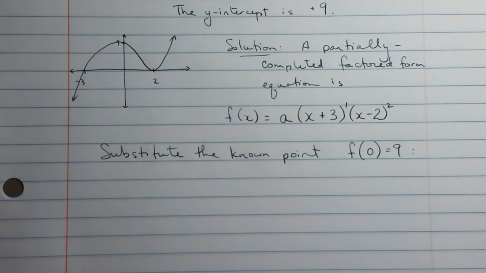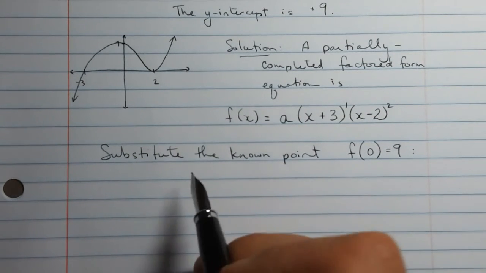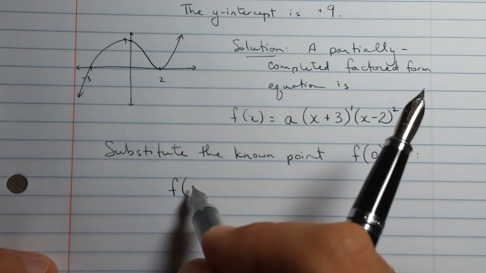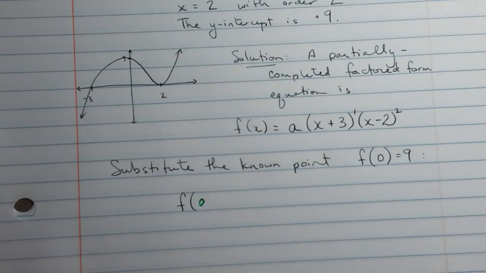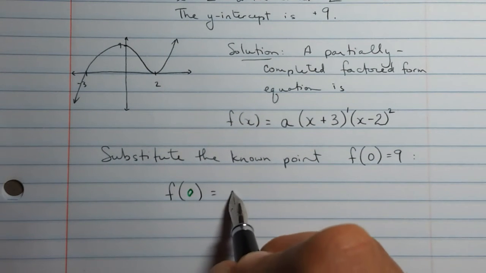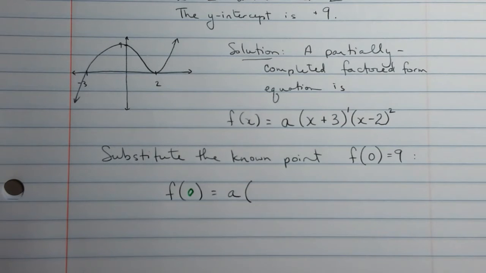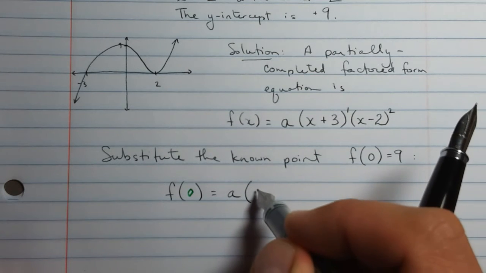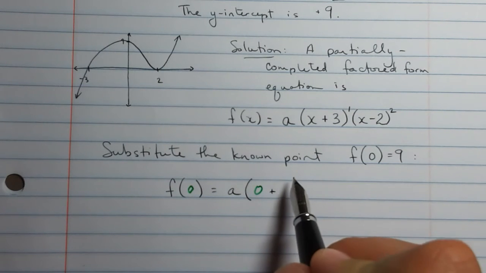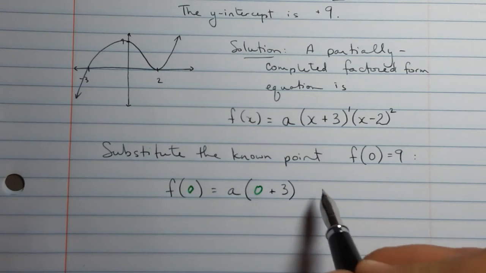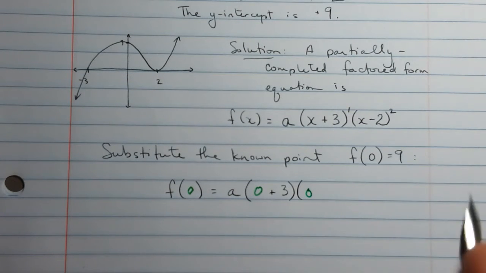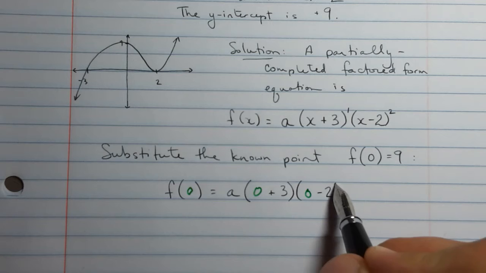I'm going to use a color to do it so you can see exactly what's happening. f at 0, so I'm substituting the value 0 in for x everywhere. f at 0 equals a times, evaluating at x equals 0, and then still x equals 0.